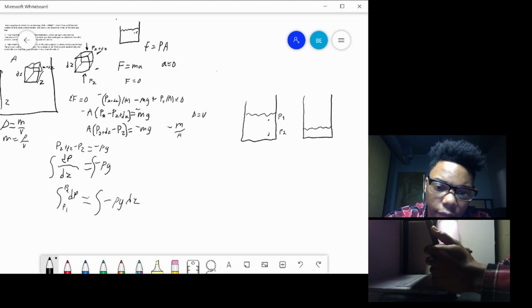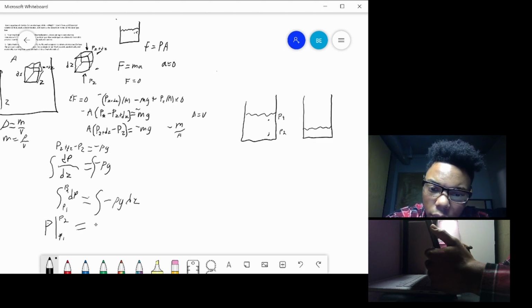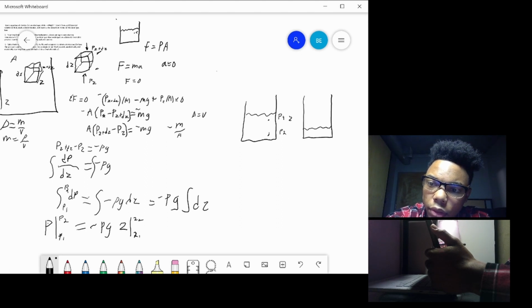So the integral of dP is just P evaluated from P1 to P2, and that's going to equal negative rho g times z evaluated from z1 to z2. As you see, this will be z1, this will be z2, and it increases as we go up.